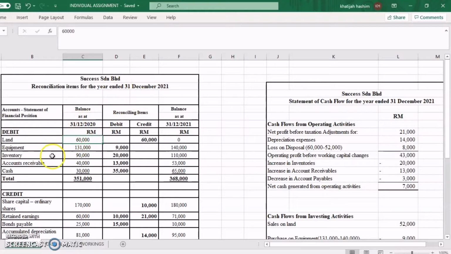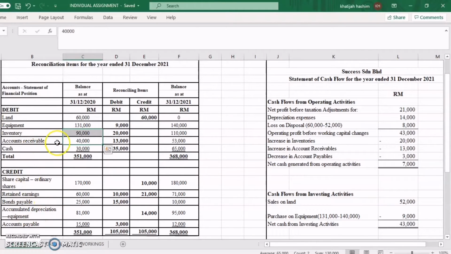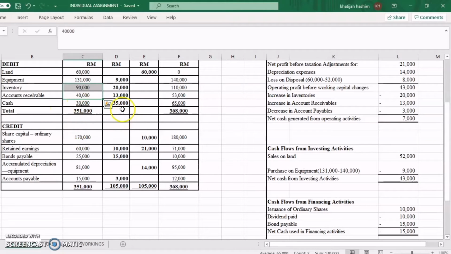Third, the inventory also shows an increase amounting to 20,000, meaning that there is a purchase of inventory. Next, for accounts receivable, it shows an increase amounting to 13,000, meaning that we assume there is a sale on account. Now we move to cash. Cash also increases by 35,000. So we assume that the cash account received cash.